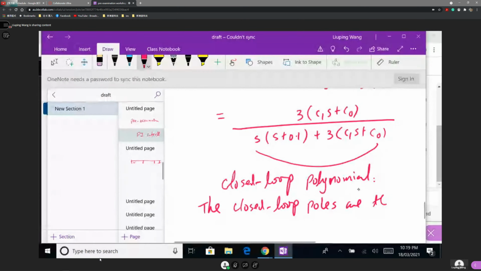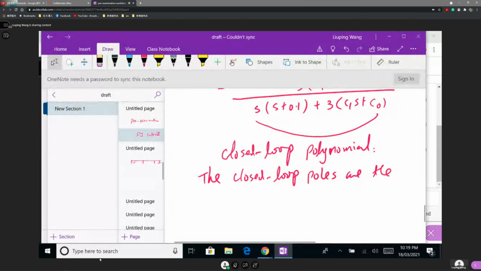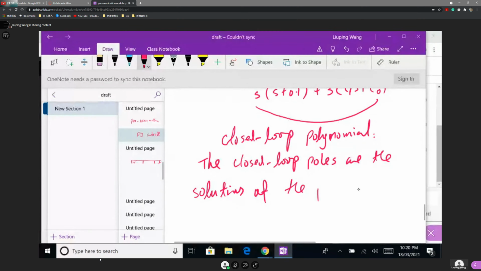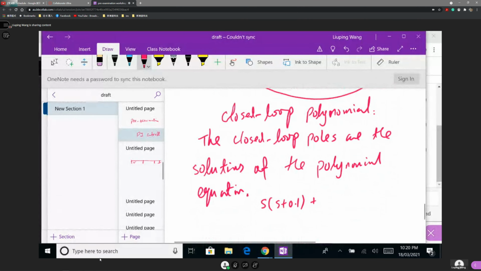are the solutions of the polynomial equation. So 3 C1 s plus C0, got that?